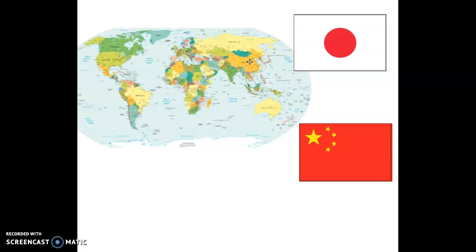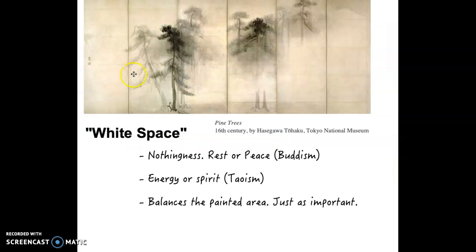We live in the United States of America, so far, far away, way over here in this country. So we're taking a look at some Asian paintings of the East, whereas we live in the West. Well, when you look at those, and here's another Asian watercolor painting of a squirrel, we see that space, okay?